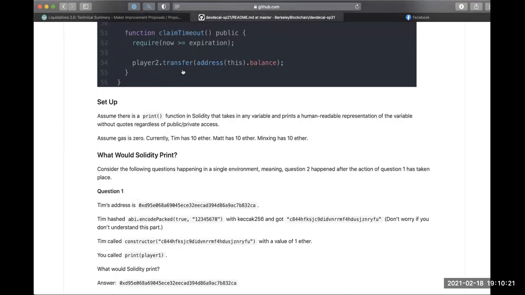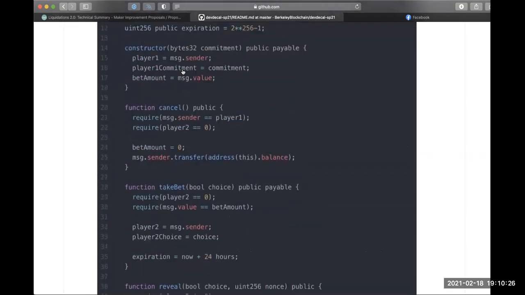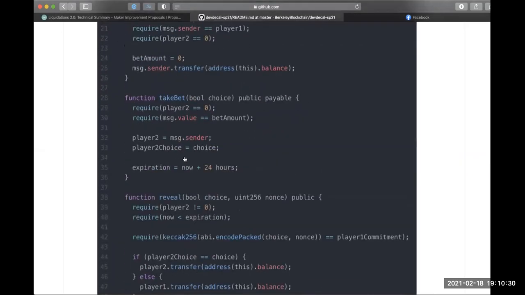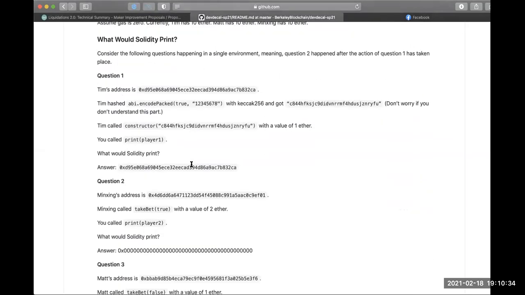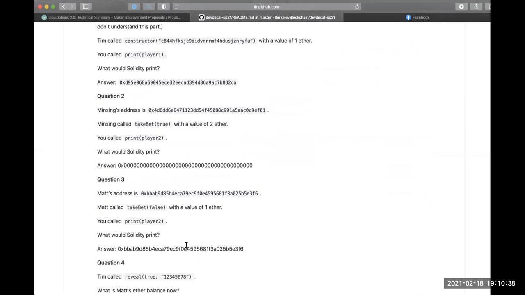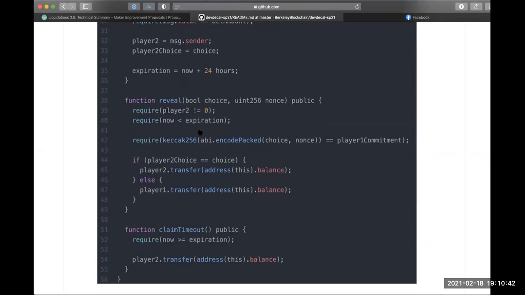And now is obviously less than expiration, because if we scroll, where is expiration? Expiration is now plus 24 hours. Let's assume that 24 hours has not passed yet. So then we're good in that area.